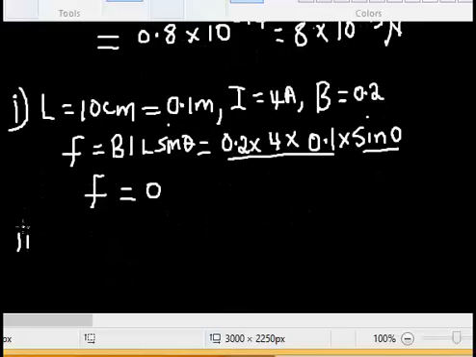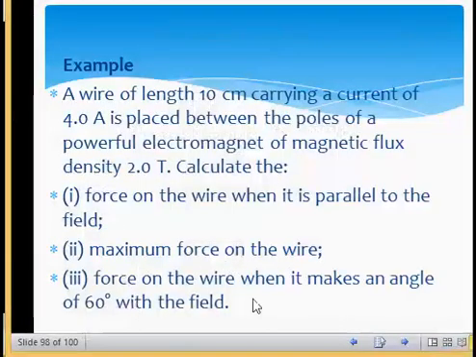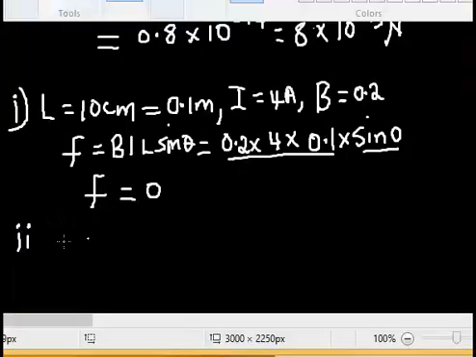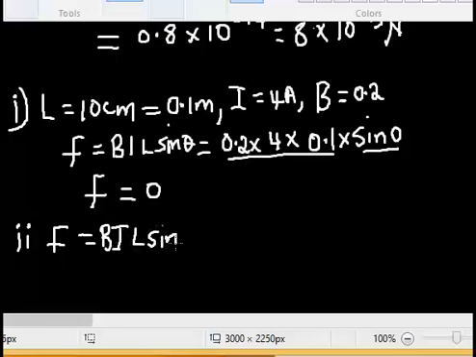Then our question, the maximum force, right? Remember, the maximum force occurs when the angle is 90 degrees. So the maximum force is going to be BIL sine 90, right?